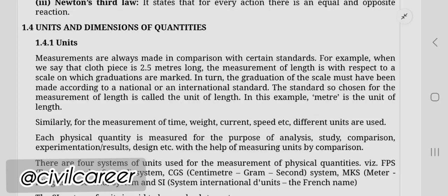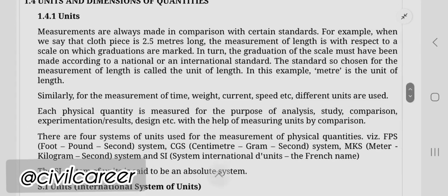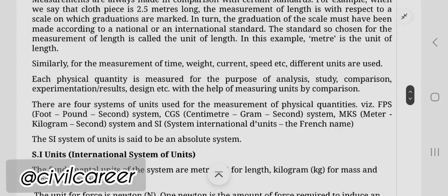Second one is the CGS system, that means centimeter, gram, second. Third one is the MKS system, meter, kilogram and second. And fourth one is the SI unit system, that means Système International d'Unités, the French name. The SI system of units is said to be an absolute system.